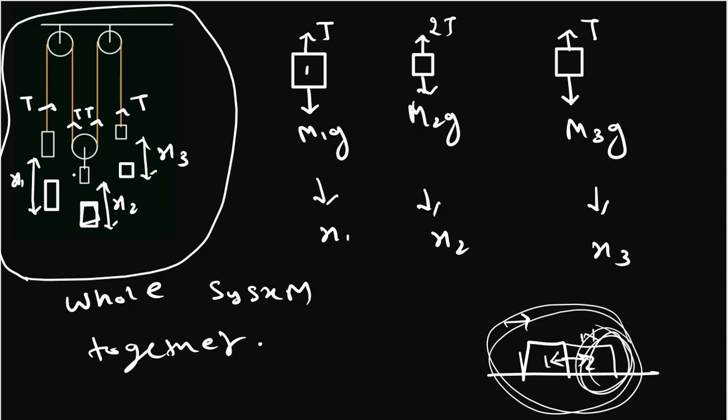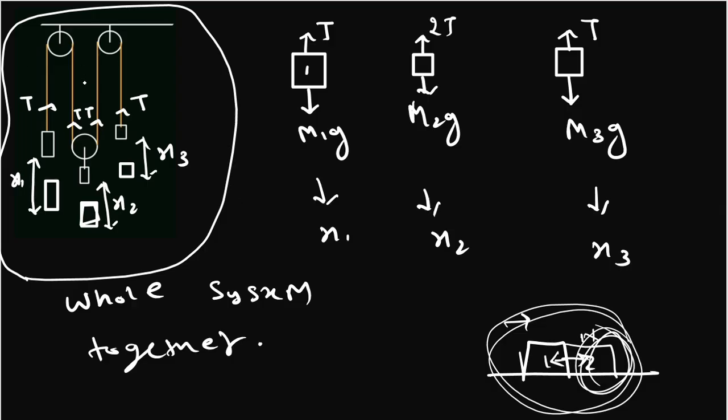See, gravitational force is not an internal force because gravitational force is applied from outside. But for the whole system, tension is an internal force because this tension is generated within the system, on this string. This tension is not generated from outside. So if we study the whole system, the work done by tension is going to be 0, but not for the individual blocks.